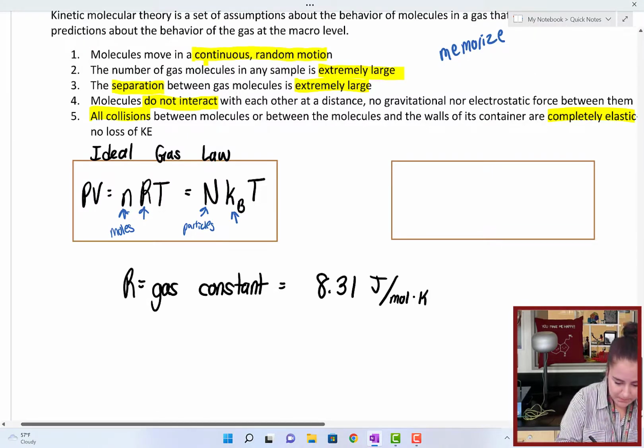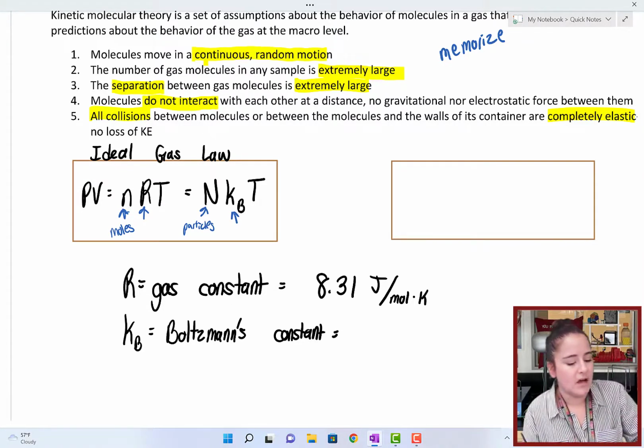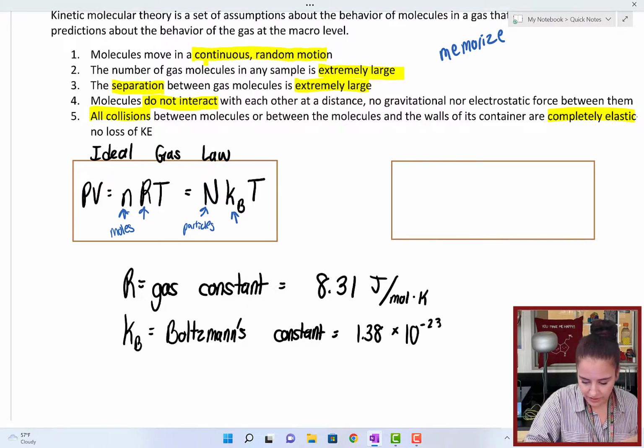k_B is Boltzmann's constant. Okay, this is also on your reference sheet, but it is equal to 1.38 times 10 to the negative 23rd joules per Kelvin.